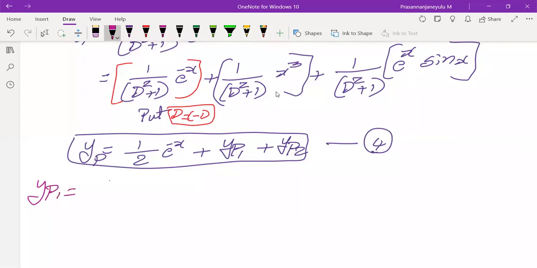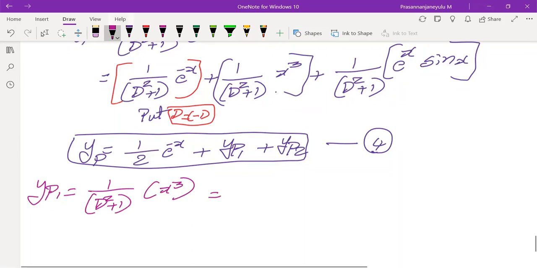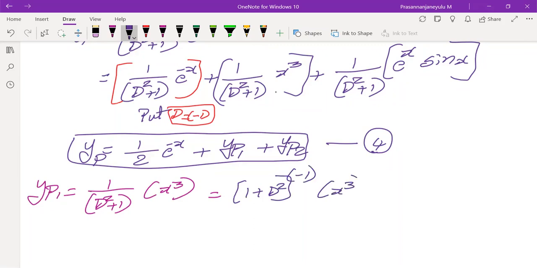yp1 is equal to 1 by D square plus 1 of x cube. So how does it look? Can I take the denominator part to the numerator part? How will it become? 1 plus D square whole power minus 1 of x cube. Now what is the differentiation of x cube? 3x square.